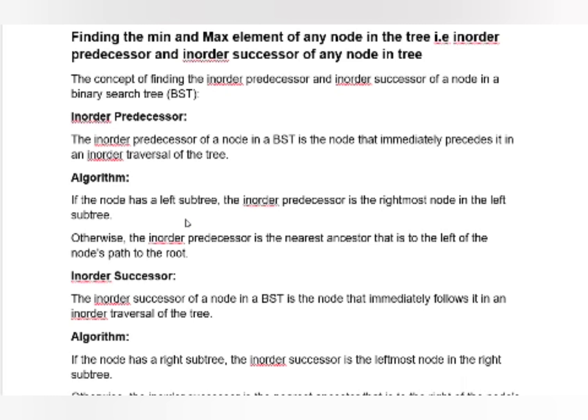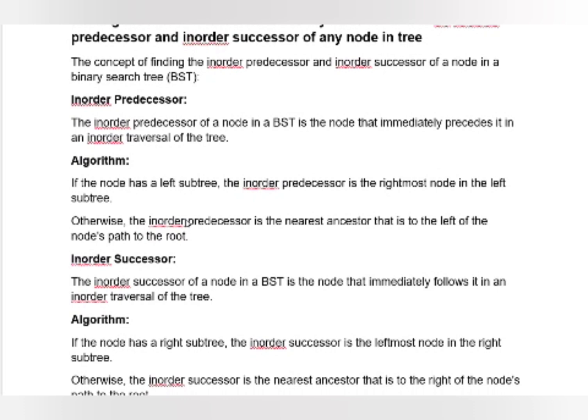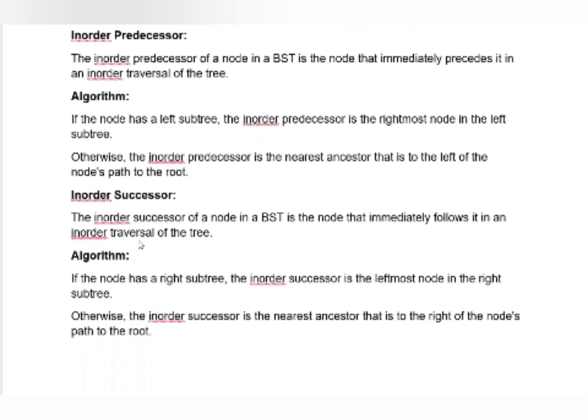In in-order traversal, the value before the element we can call the in-order predecessor. The algorithm for in-order predecessor is: if the node has a left subtree, the in-order predecessor is the rightmost node in the left subtree. Otherwise, the in-order predecessor is the nearest ancestor that is to the left of the node's path.